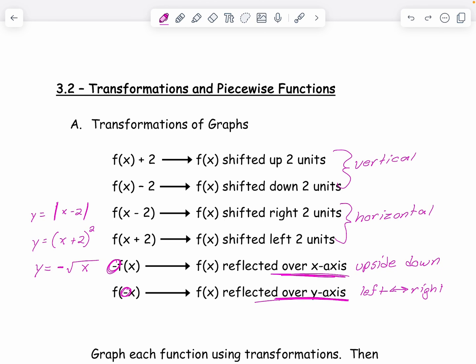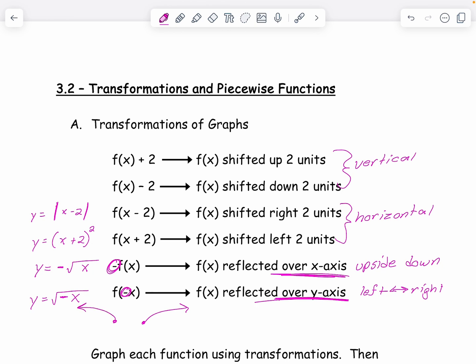If that negative is inside of the function, like let's say, let's do another square root. If we have y equals, and then inside of the square root we have negative x, then this one is going to reflect over the y-axis. So instead of going like this, it would flip, and it would now be going more like this.